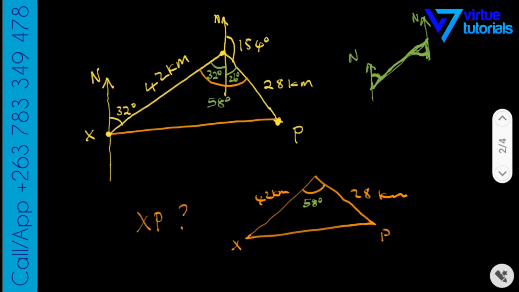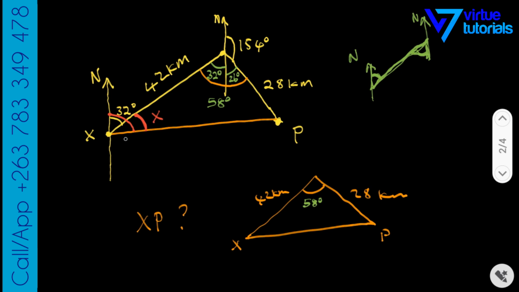Go to the north line clockwise until you get to the line connecting to P. So we're looking for this entire angle there, right? This entire angle is what we're looking for. So we have the first part, which is 32, but we don't know this second part here, right? So we can just call that angle X.